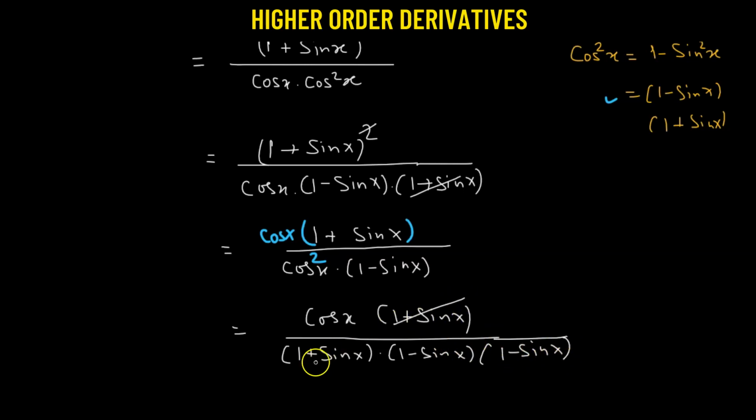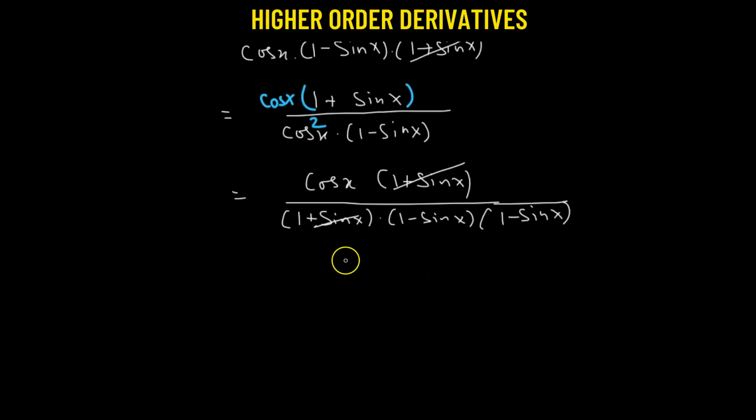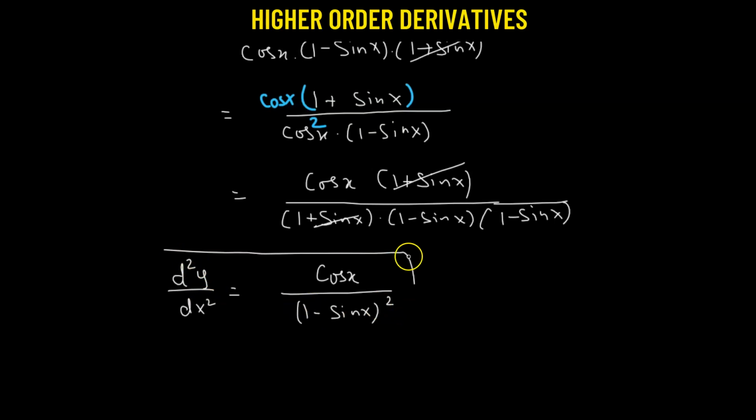So here 1 plus sine x will get cancelled out, and finally this gives us the second derivative of y with respect to x. So this will be equal to cosine of x divided by 1 minus sine of x whole square. So this is what we were asked to prove.